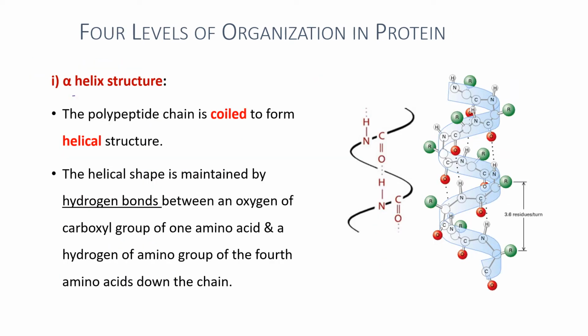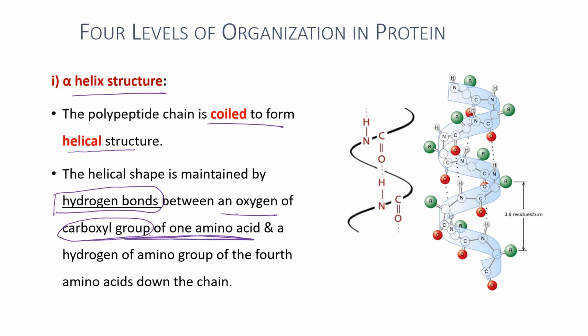So in the alpha helix structure, the polypeptide chain is coiled to form a helical structure. The helical shape is maintained by hydrogen bonds between the oxygen of the carboxyl group of one amino acid, such as this one here, and the hydrogen of the amino group of the fourth amino acid along the chain.